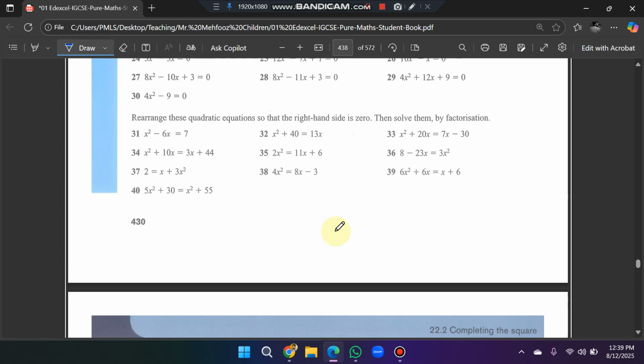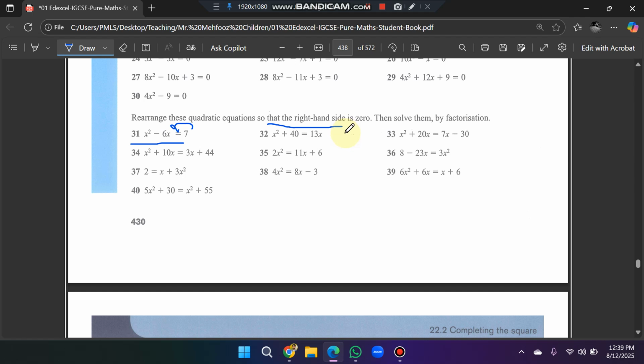Okay. Next is: rearrange these quadratic equations so that the right hand side is 0, then solve them by factorization. So first of all we have to rearrange these equations. How? Let's suppose this is your equation. We take this 7 to the left side, and it becomes x square minus 6x minus 7 is equal to 0. He is telling us to arrange so that the right hand side is equal to 0.